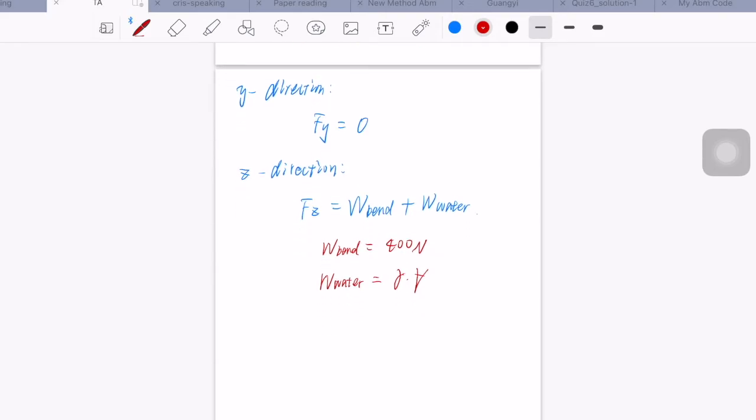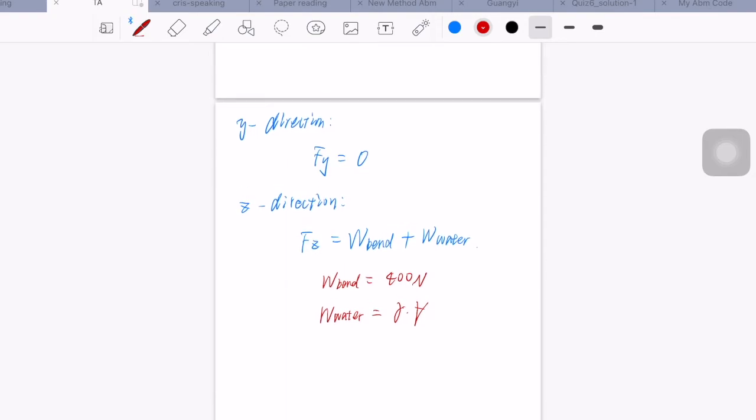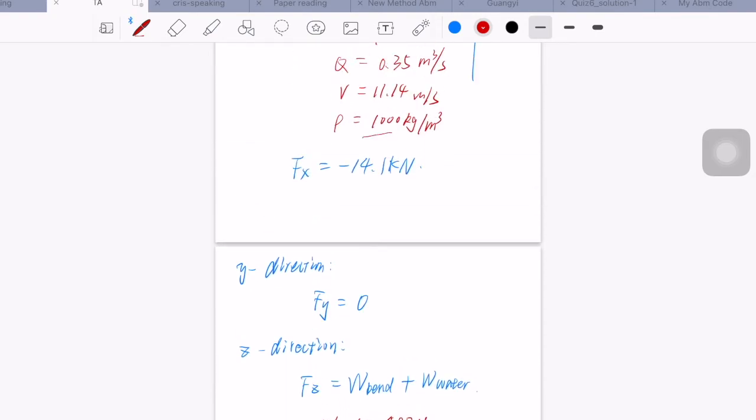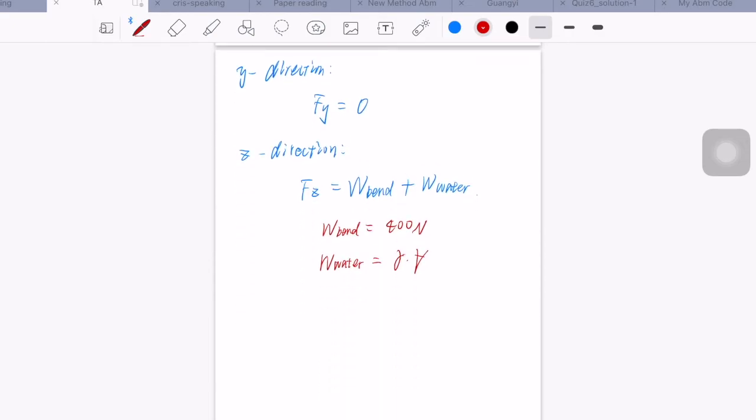And when the density of water is 1,000 kilograms per cubic meter, the specific weight should be equal to 9810 Newton per cubic meter.